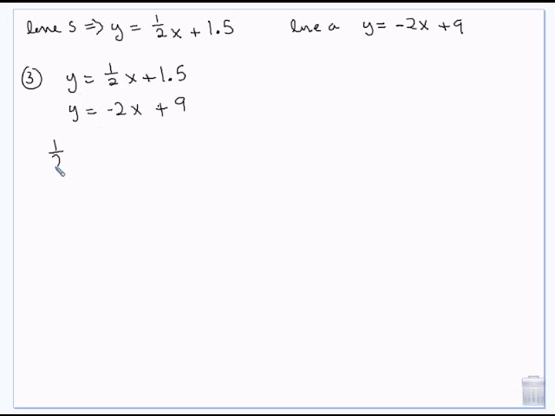So I can say that these two are the same as each other, and solve it that way. Or I can multiply this top equation by something that would make this a positive 2 and cancel them out. Which do you think is the way to go? I've got one vote for that. I agree. Okay, so we'll get rid of this then.